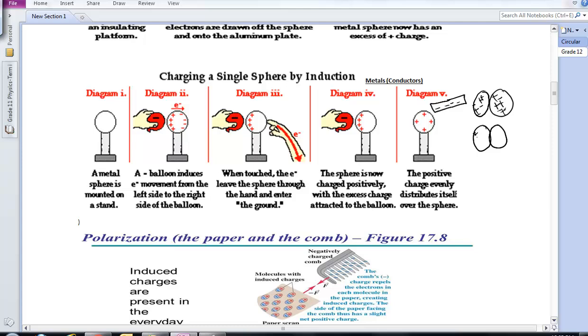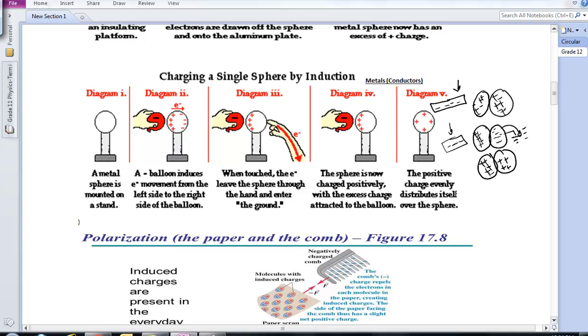All of the positive charge will be coming closer in the first sphere, and all of the negative charge will travel to the other side. Finally, we can connect an earth wire here to get rid of these negative charges, or you can simply touch it because your body is going to take the excess of negative charge. Then finally you'll find out that the two spheres became positively charged without direct contact with the charged object.